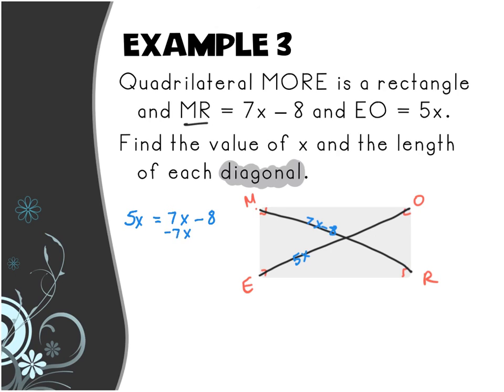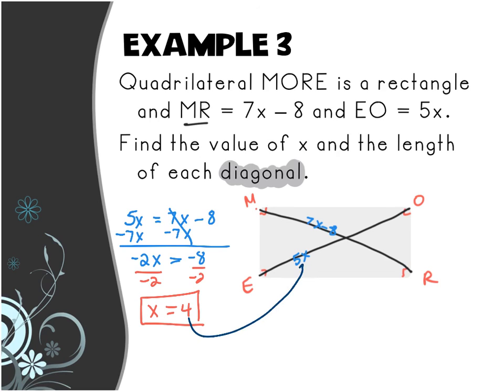Subtract the 7x. Negative 2x equals, this cancels, negative 8. Divide by negative 2. Positive 4, right? So x is 4. And then it also says find the length of each diagonal. How can I do that? Plug it back in.